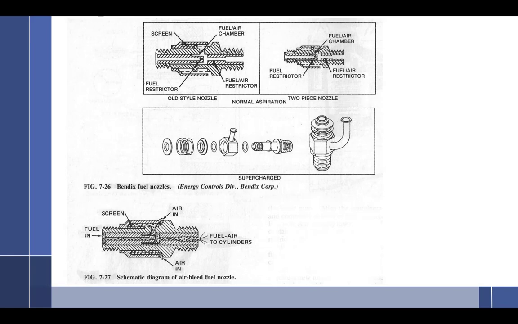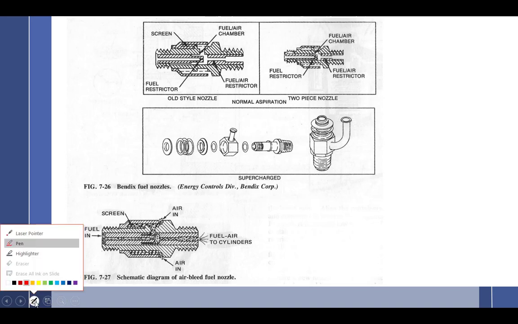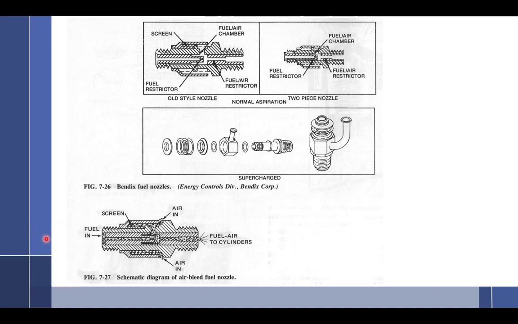There are two different types of nozzles, sort of, depending on how I look at it. There's the plain nozzle and there's the turbocharged nozzle. In the plain nozzles, there are two types, as you can see: the old style and then the newer two-piece style.